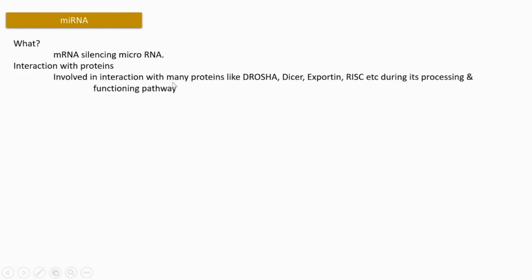We already learned about all those proteins. I just mention the names of those proteins: DROSHA, Dicer, Exportin, RISC. All these are enzymes, and also they are proteins. All these proteins need to interact with the miRNA to perform its function of controlling or silencing the mRNA. These are the different types of interactions of protein with the nucleic acids.